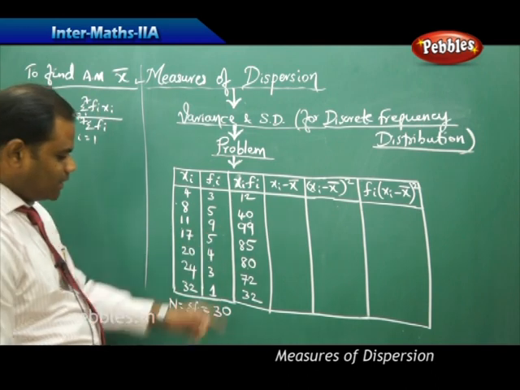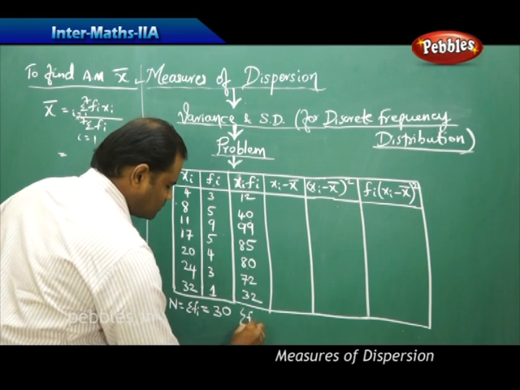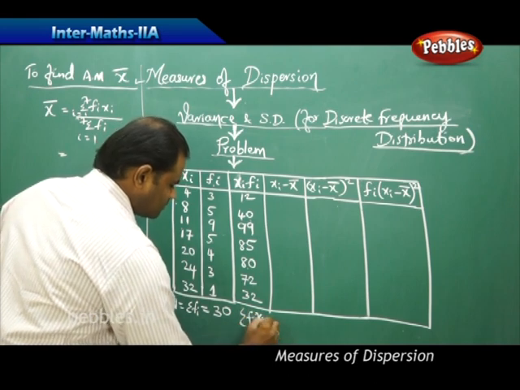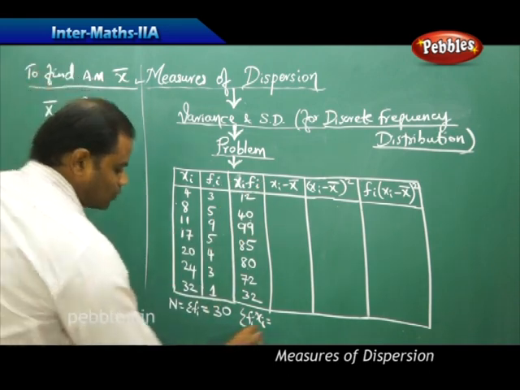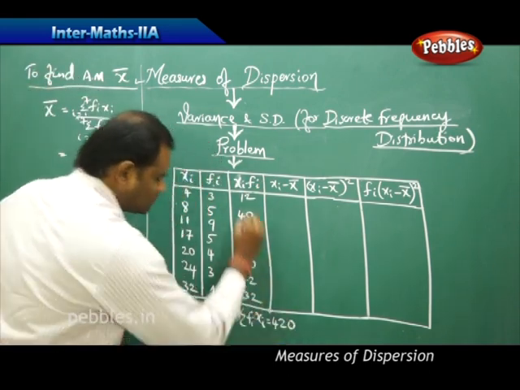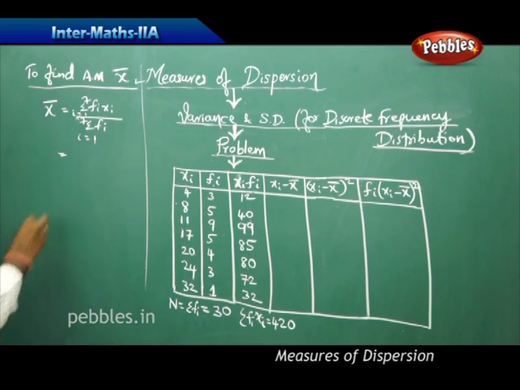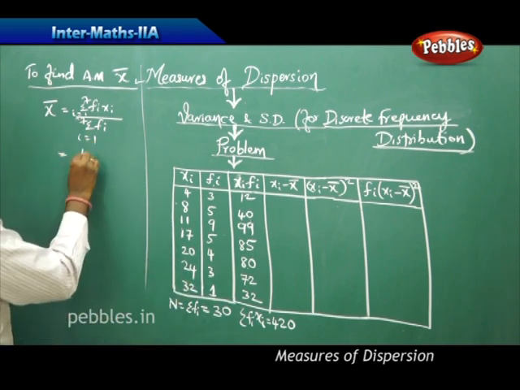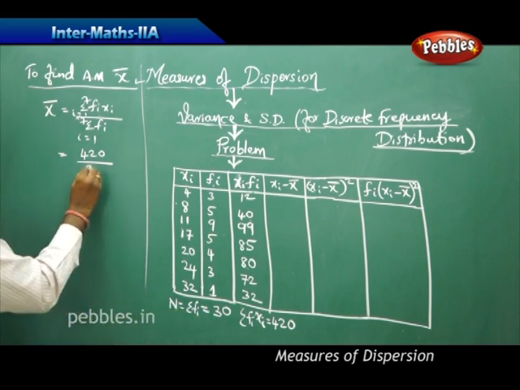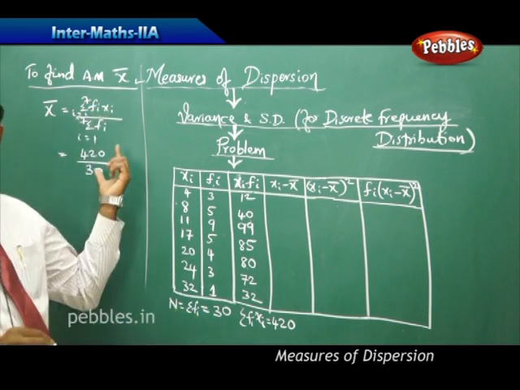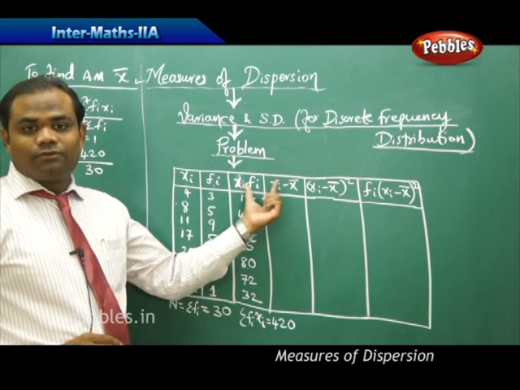My sigma fi xi can be found by adding each of these products, which when added gives me 420. Therefore, sigma fi xi is 420 and sigma fi is 30, which are substituted for the numerator and the denominator as calculated from the given table.